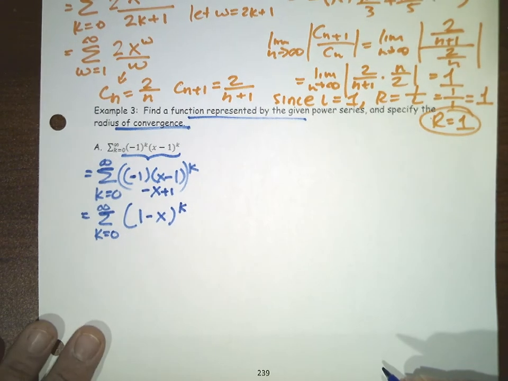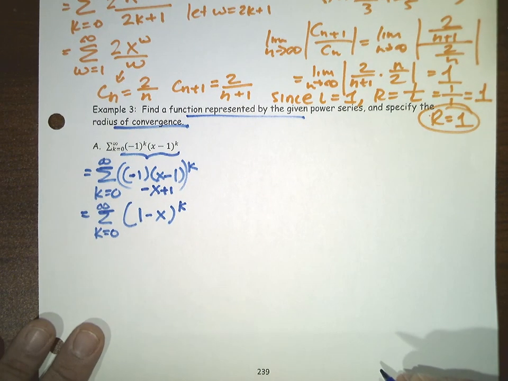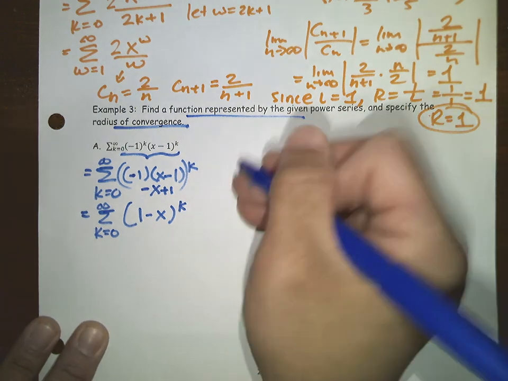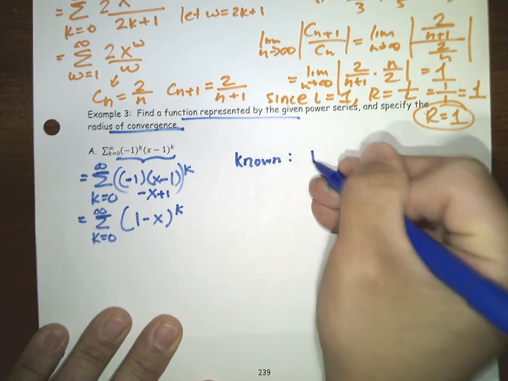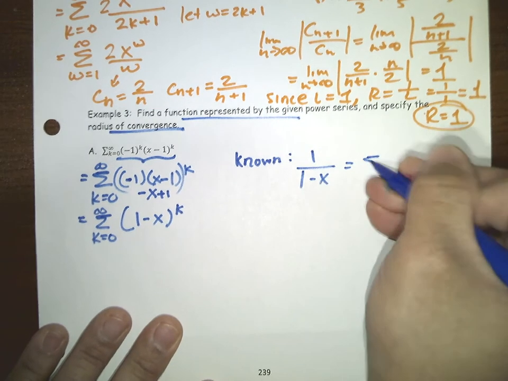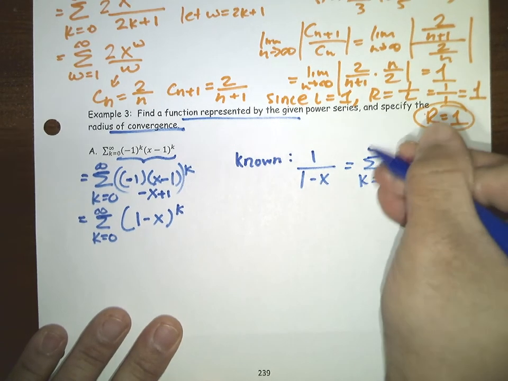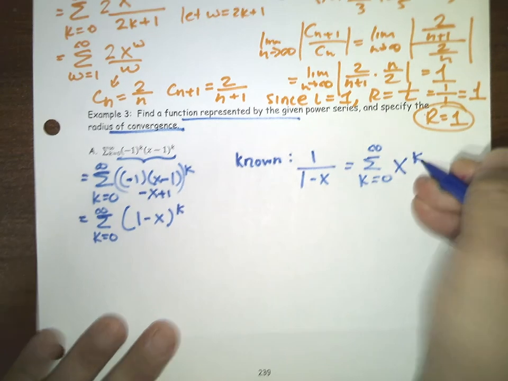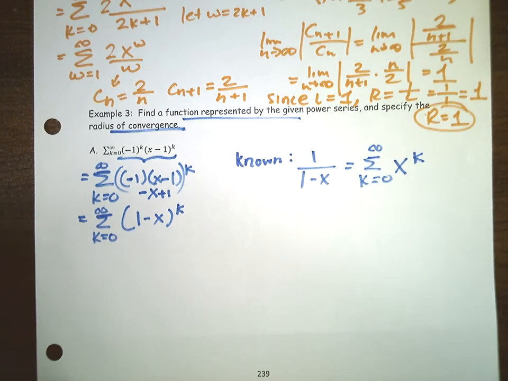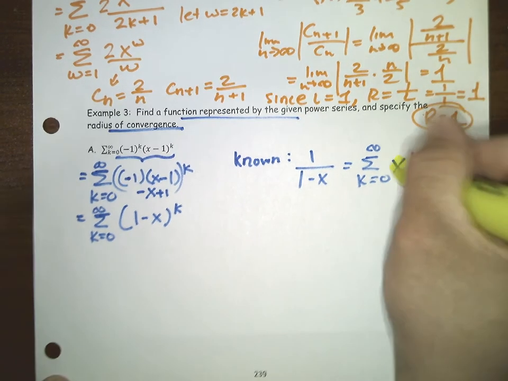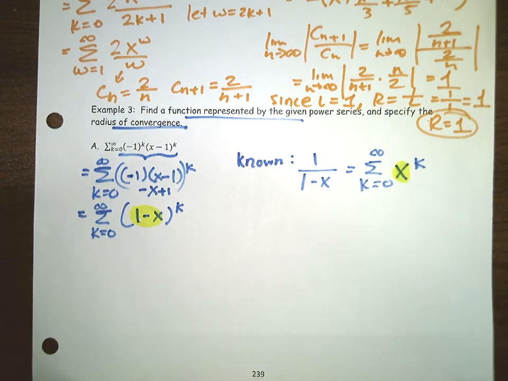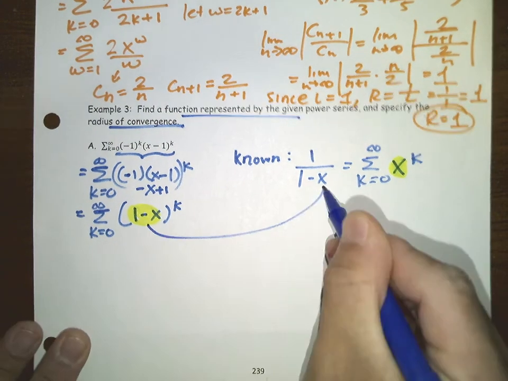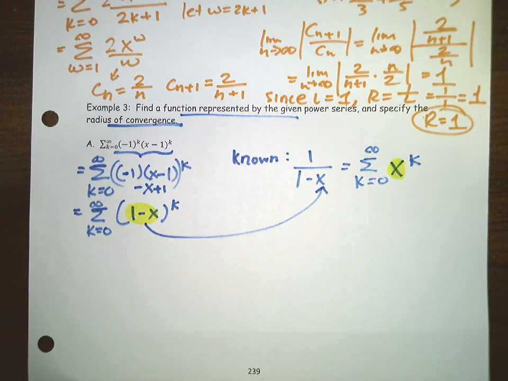And then if you think about what is going on here, all I need to do is look at this known power series, which is 1 over 1 minus x. That's the sum k equals 0 to infinity of x to the k, or of something here to the k power. And here it's 1 minus x to the k power. So the 1 minus x is what's going to be to the k power.